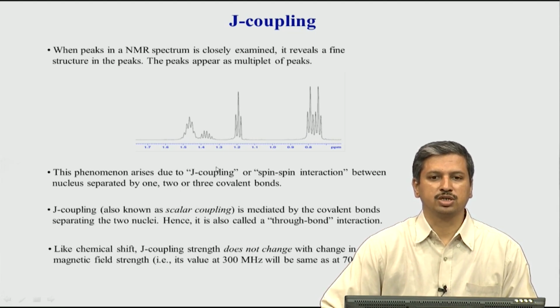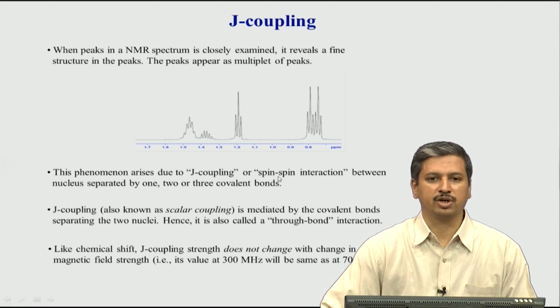So what is J coupling? J coupling is the interaction between 2 spins, and therefore we also use the word spin-spin interaction. We will look theoretically at where it comes from, and because of this interaction the peak of each of the spins is resolved or split into more lines.